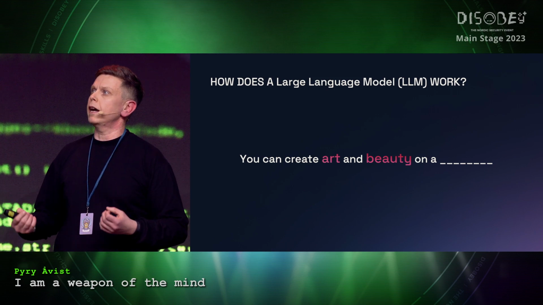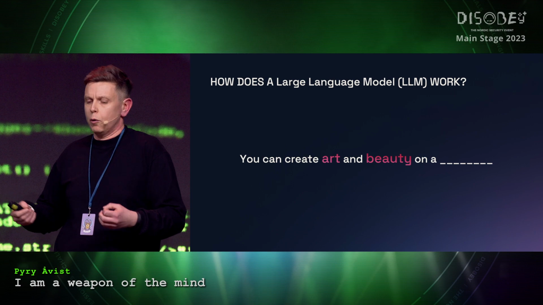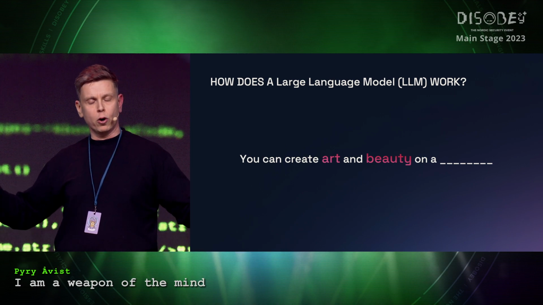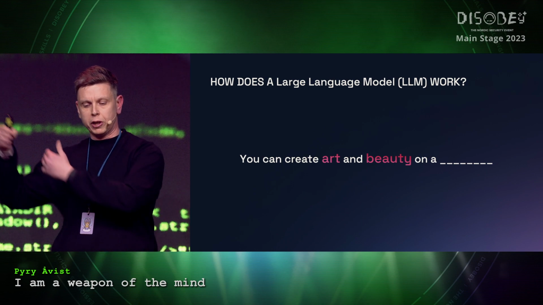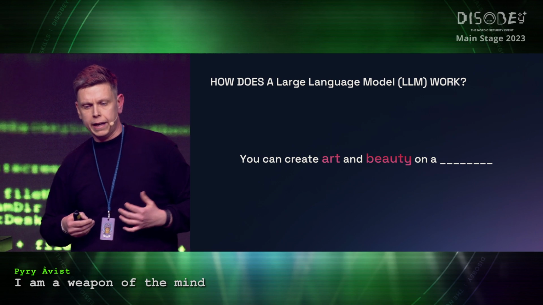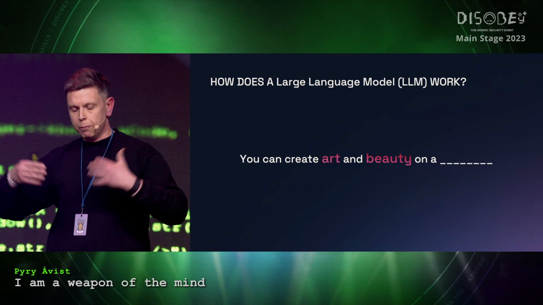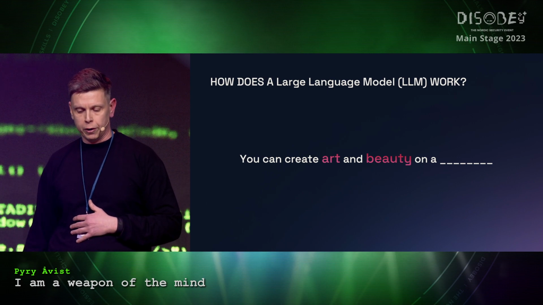Basically, large language models, which are from a mathematical point of view very simple, take a list of tokens, words, and predict what could come next. They can give you one prediction, but actually multiple, with probabilities: what is the likelihood of a certain word?